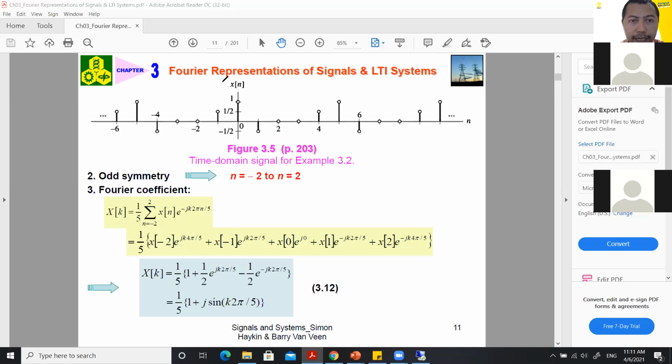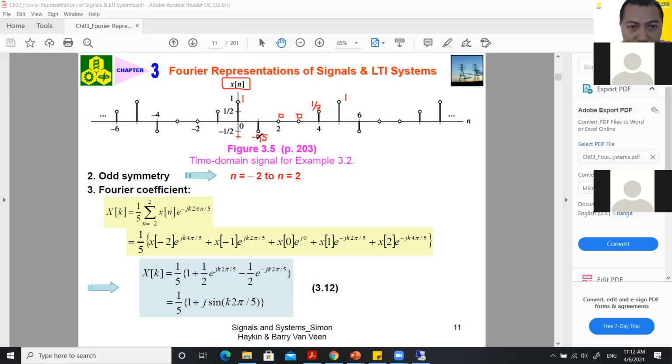This is x[n], and you can see x[n] is periodic. For example, from 0, 0 is 1, 1 is minus 0.5. It's correct, yeah? And then 0, 0, and then 1.5, and then 1 again.